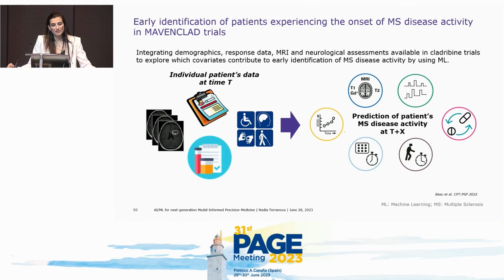So we integrated demographics, response data, MRI, neurological assessment to then predict our disease activity endpoint, which was a composite endpoint encompassing T1 gadolinium-enhancing lesions, T2 lesions, relapse rate, 3-month EDSS progression, and switch to other disease-modifying treatments. So we were really trying to model the various dimensions of multiple sclerosis.